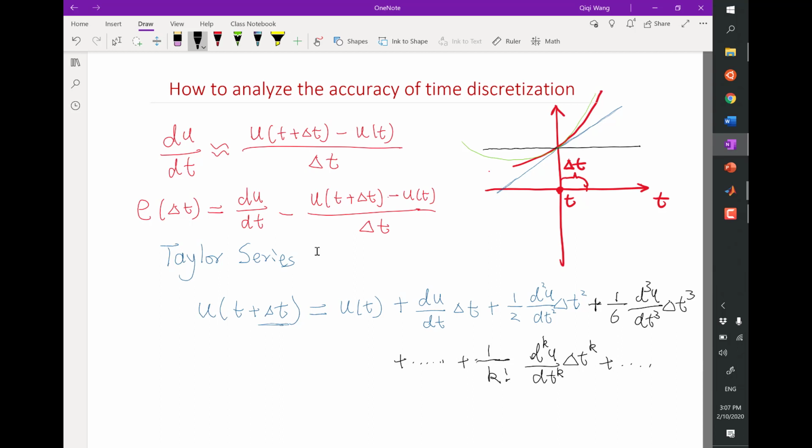Now let me remind you that we don't want the approximation error for arbitrary delta t. We want the approximation error when delta t is very small. So by looking at all the rest, starting from the term that is second order, which term do you think is the most important when delta t is very small?